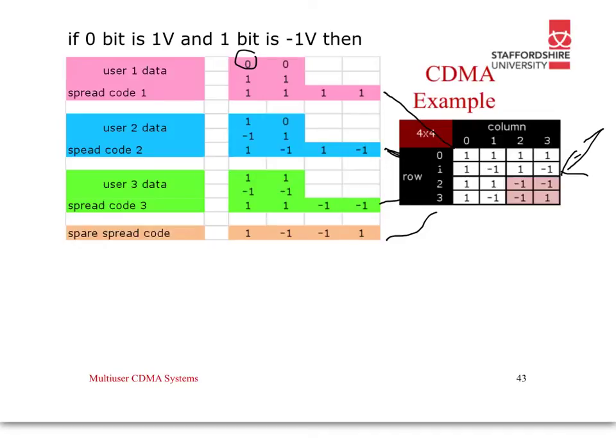Similarly, if user 2's data is 1, 0, then a 1 is represented by a -1 here, and a 0 again by a 1, and then this is user 2's spread code. User 3 is going to be transmitting 1 and 1, and their representation is -1 volt and -1 volt, and their spread code is given here.